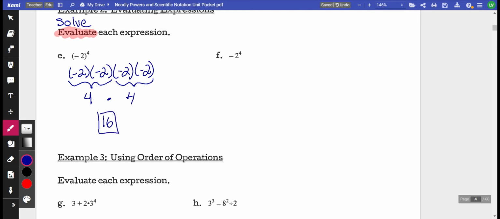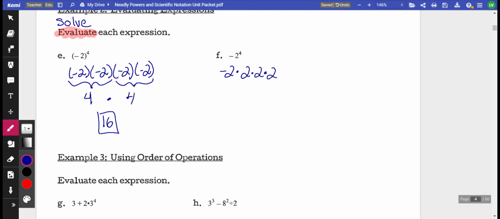Letter F. We have -2 to the 4th power. So we have -2 times 2 times 2 times 2. If you notice, letter F is written differently than letter E. For letter E, we had the quantity -2 that was in parentheses. So that meant we had 4 -2s.